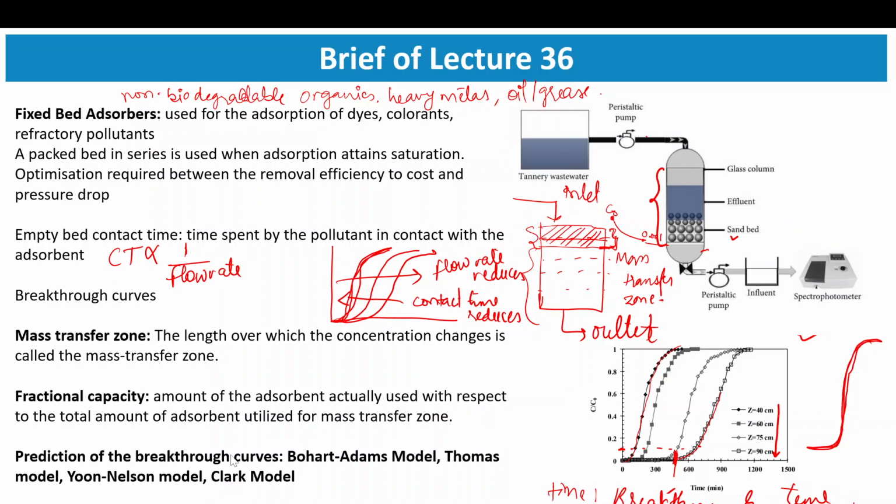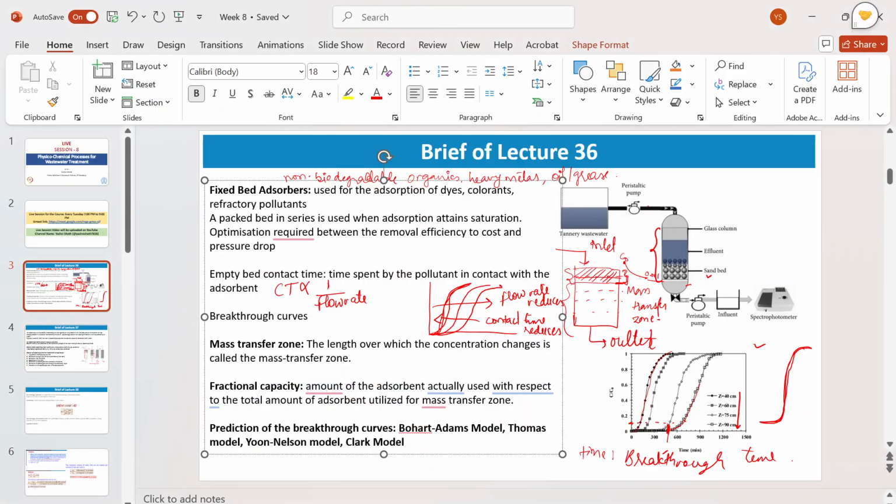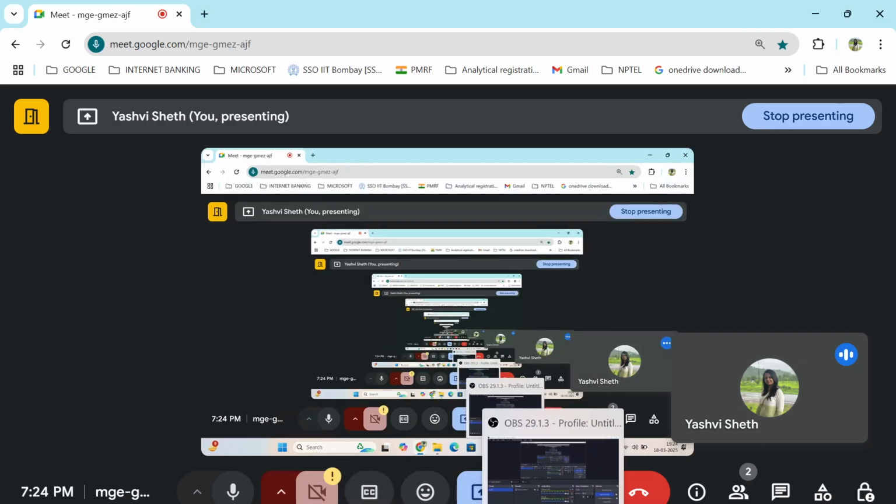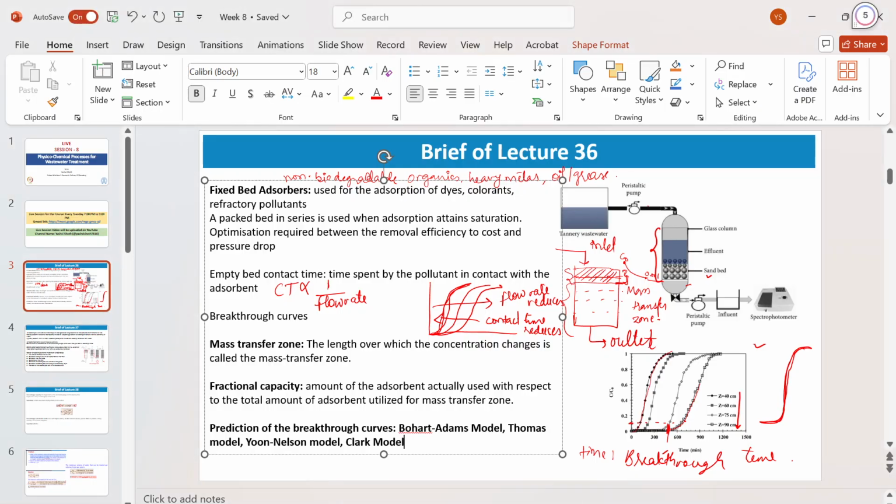In that case, these models include the Thomas model, Yoon Nelson model, Clark model, etc. And there are many more models which you can use and get more insight into your process. Yeah. So let's move forward.